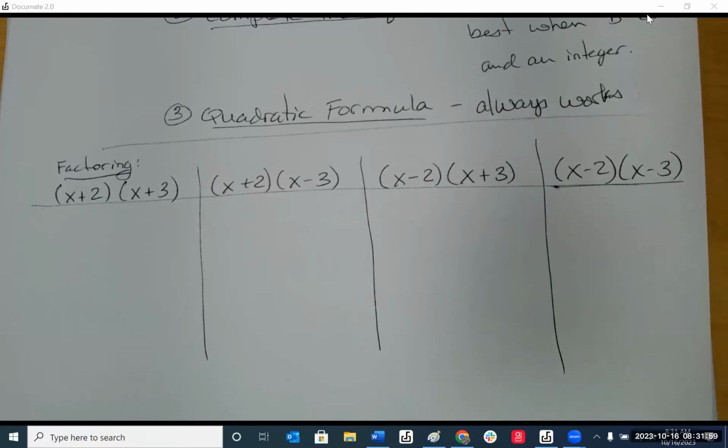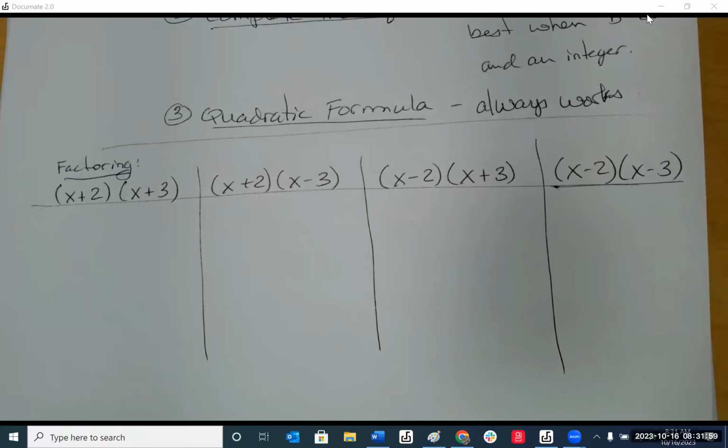Let's do this. Distributivity says everything inside the first parenthesis has to multiply everything inside the second. So let's start with the x. X times x is x squared. Positive times positive is positive.